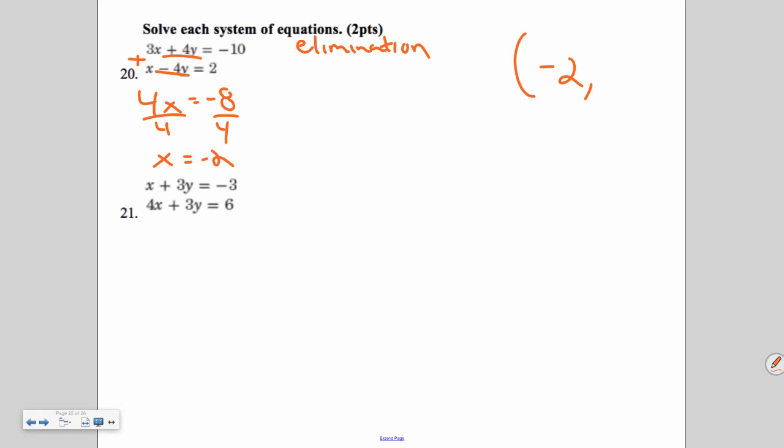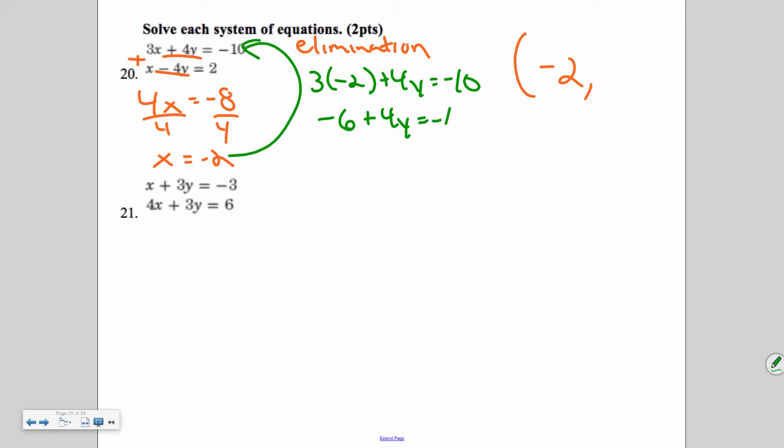So now I take that -2 and I plug it in. So I'm going to do 3 times -2 plus 4y equals -10. -6 plus 4y equals -10. Add 6. 4y equals -4. Y equals -1. Now I have my point.